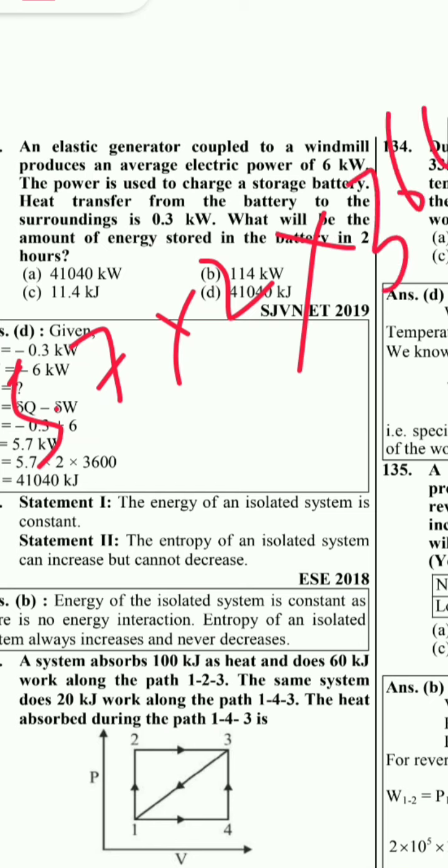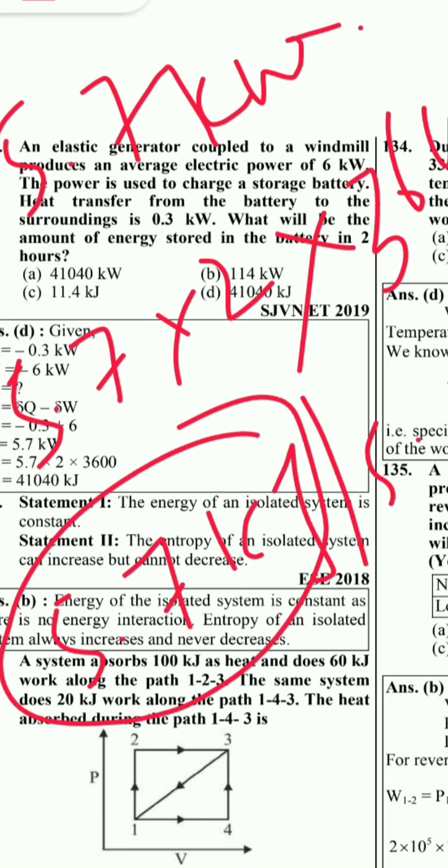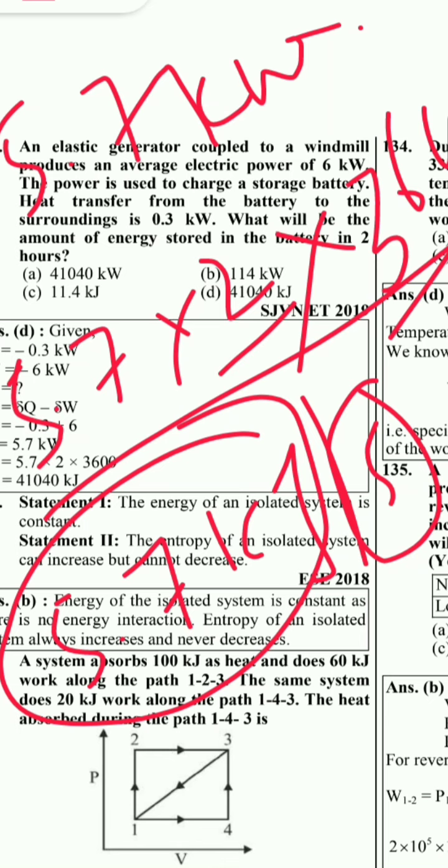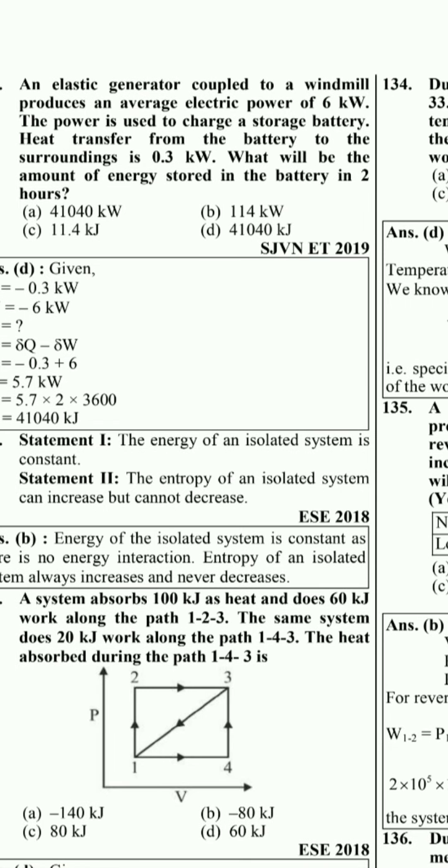Kilowatt is the power, it is 5.7 kilojoule per second. So 5.7 kilojoule of energy will be stored per second. So for 2 hours duration, we just multiply with 2 into 3600. This will give us the value 41,040 kilojoules. So option D will be the right answer for the question.